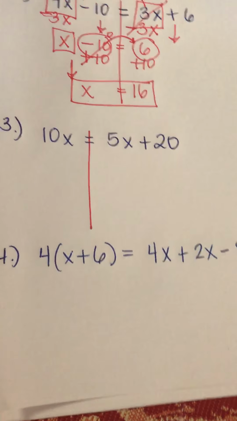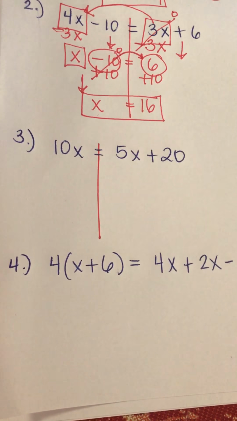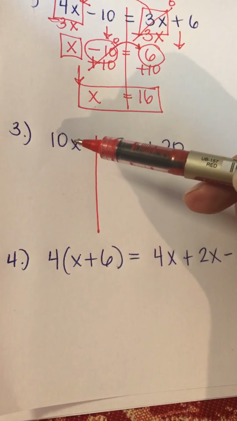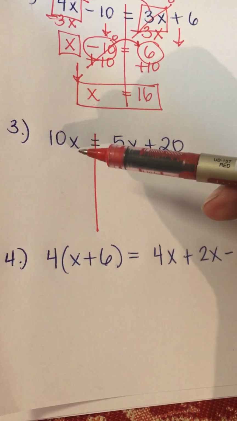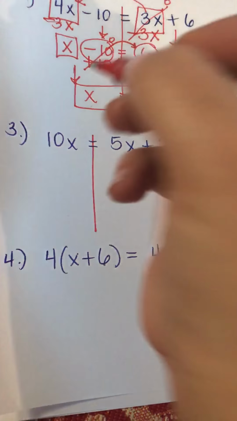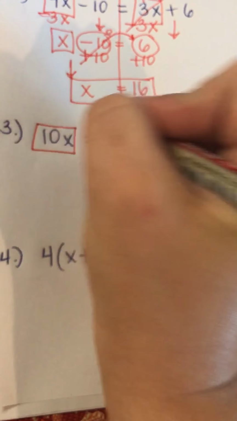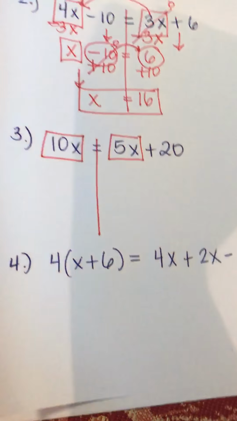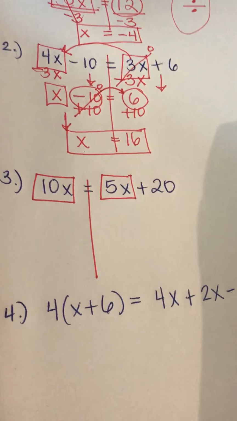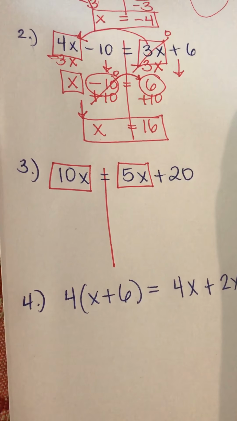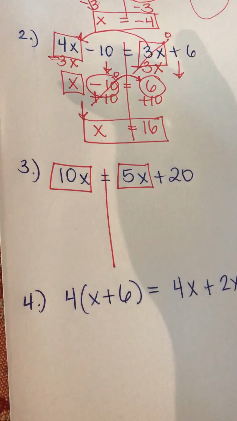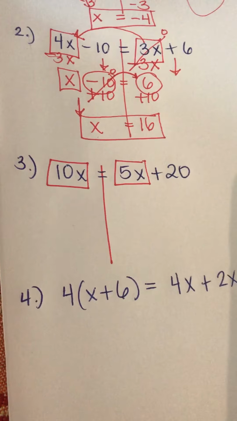Okay, number 3 says 10x equals 5x plus 20. Remember, the 10 and the x together means multiplication. 10 times x, 5 times x plus 20. Okay, but I first want to get the variable terms together because there are 2 of them and I want them on the same side of the equal sign. My 20 is over here, and it's okay if I leave it on the right hand side because it's a constant.